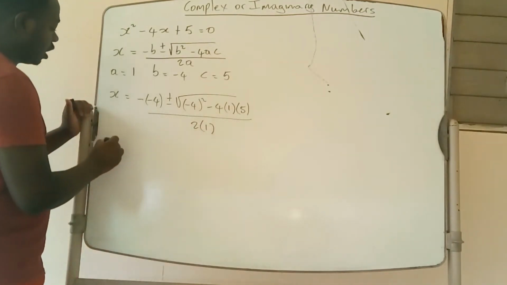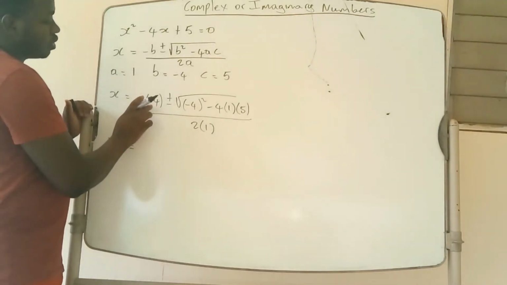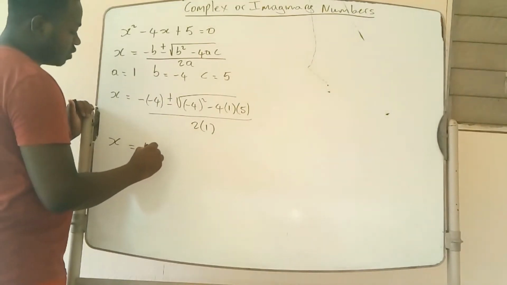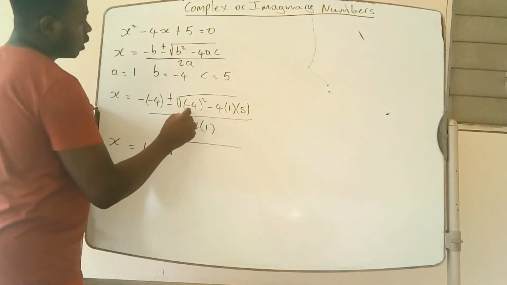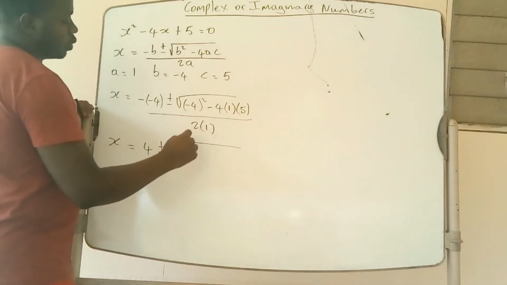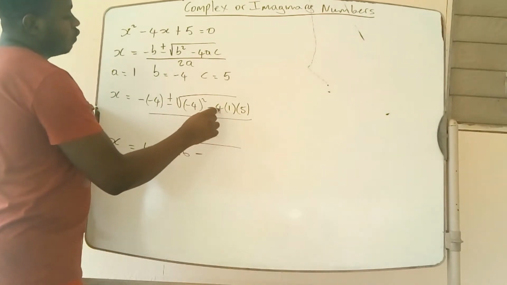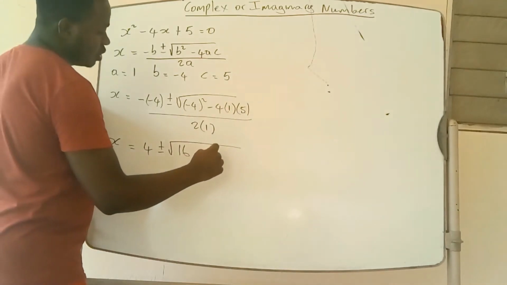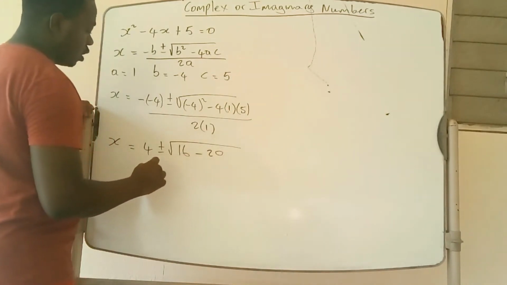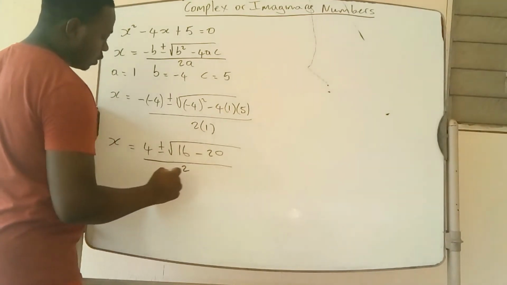So x equals negative times negative 4, that's positive 4, plus or minus the square root of minus 4 all squared, that's 16, minus 4 times 1 times 5, that's 20, so minus 20, all over 2, because 2 times 1 is just 2.